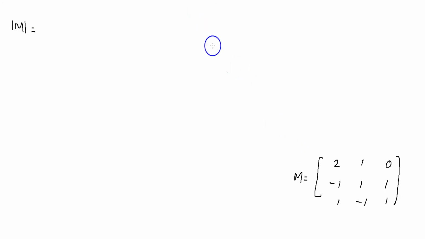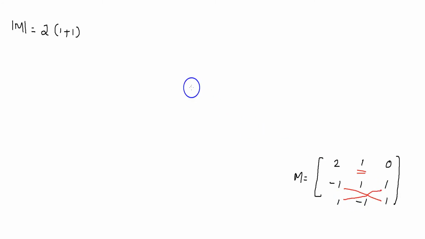Determinant of M is equal to A11 into minor of A11. Here A11 is 2, and after multiplying the minor of A11 we get 1 plus 1, and minus of A12 into minor of A12.